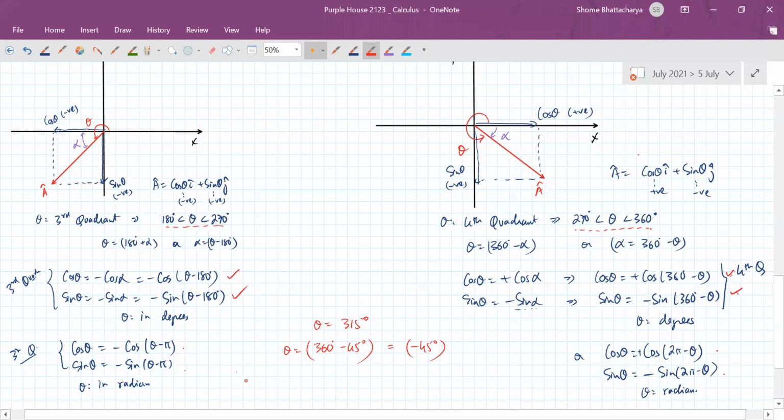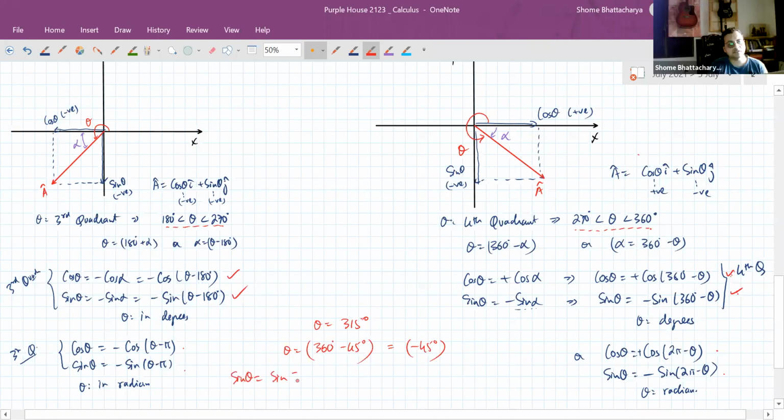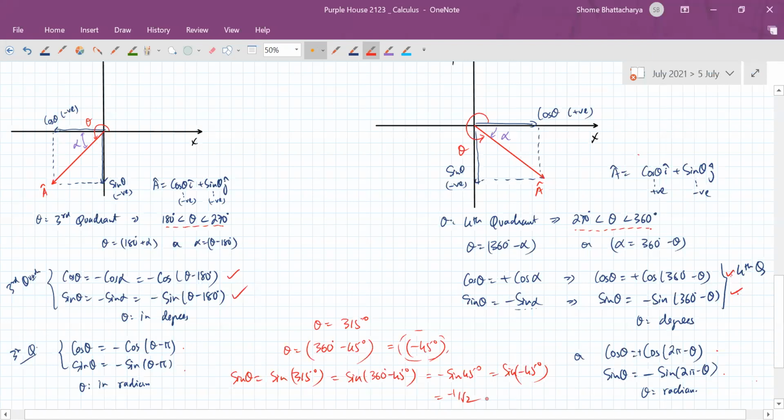So we will say sine of theta, which we can write as sine of 315, is equal to sine of 360 minus 45. According to this formula, this is equal to minus of sine 45. But according to this one, it's sine of minus 45. So that's why sine of minus 45 is minus sine 45, which is minus 1 by root 2.